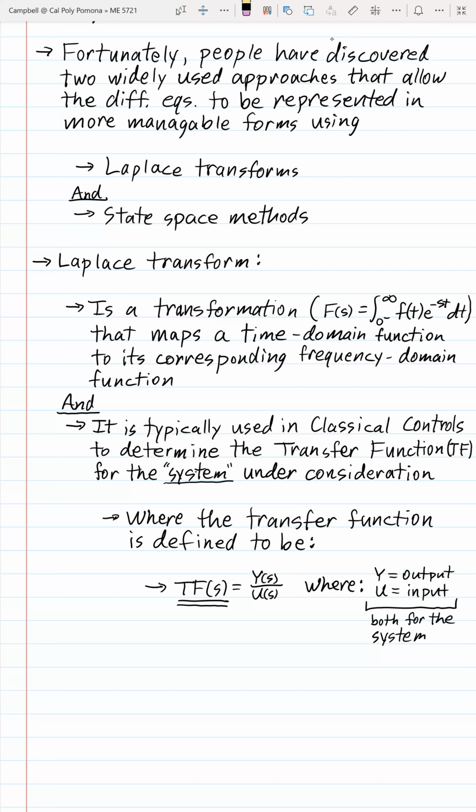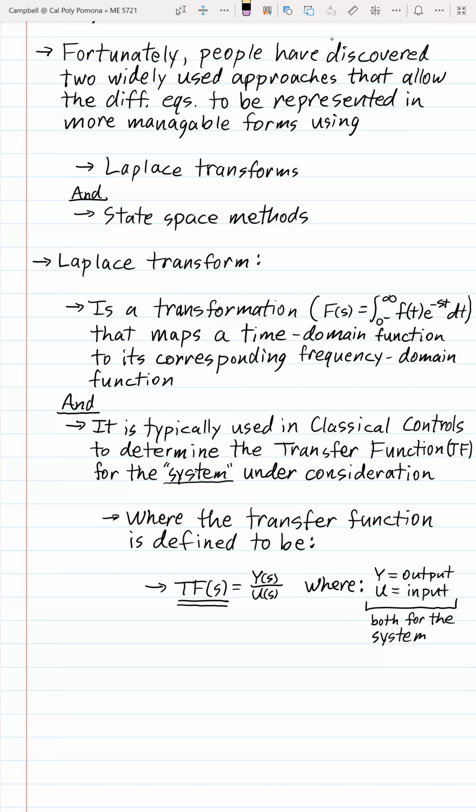So that's why we represent the transfer function the way we do and why we say it has to be a generic input, because the transfer function gives us that description of what's going on with the system without any consideration of what's actually happening with the input. We don't want a different description if we have a sinusoidal input versus a step input versus this or that.